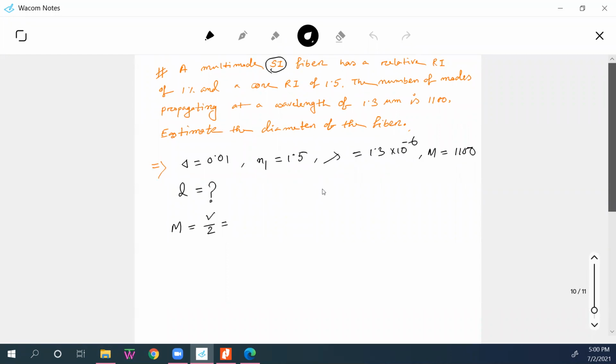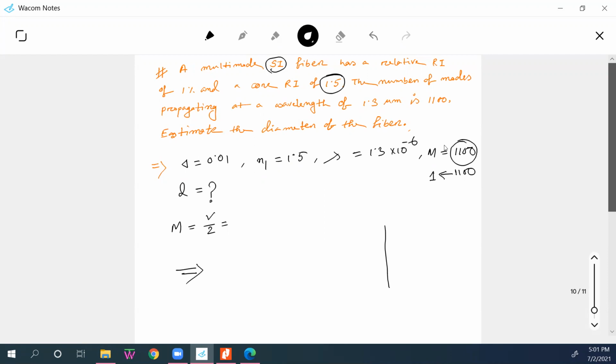In this example, we can do the same thing with a trick: we can change the wavelength. This is multimode, with M about 1100 modes. To make it a single mode fiber, what do we have to do? We have to change V, right? Yes, sir.